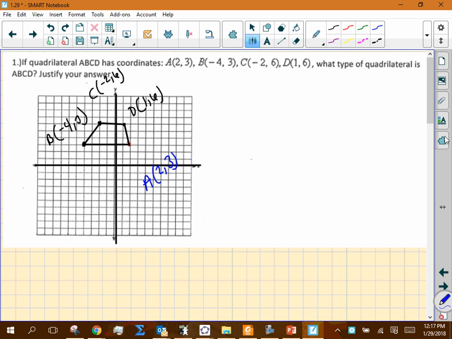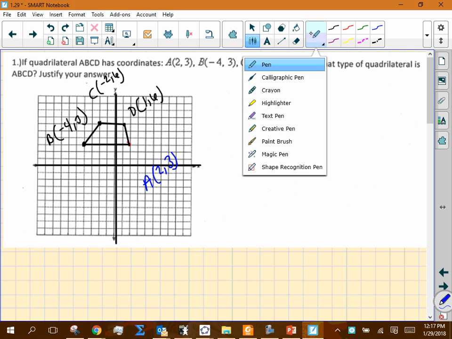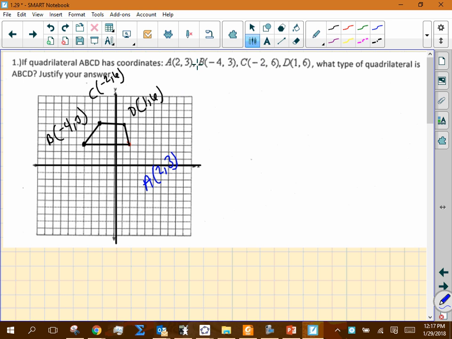But we still need to provide math that shows that it is or is not a parallelogram. Based off what we've been doing for a long time, maybe the best thing to decide is to deal with the slopes. So let's find the slope of CD.